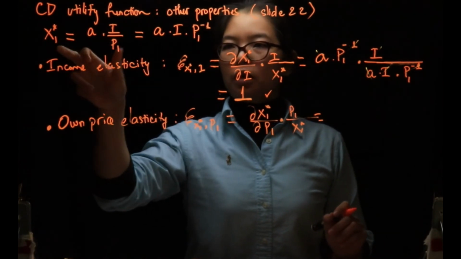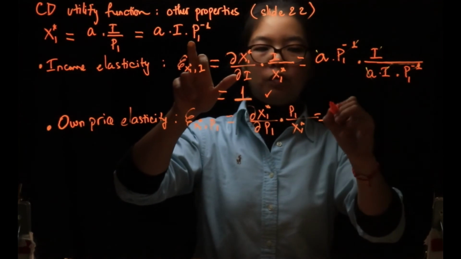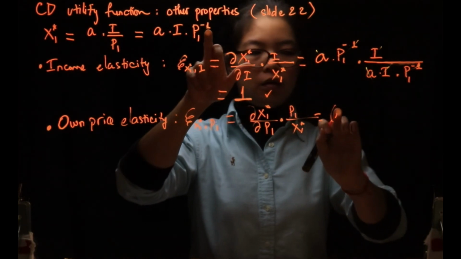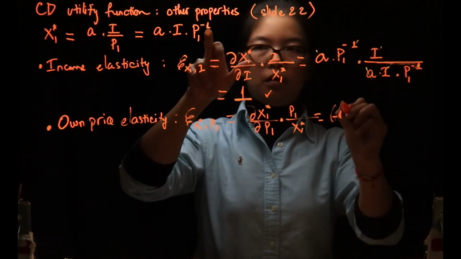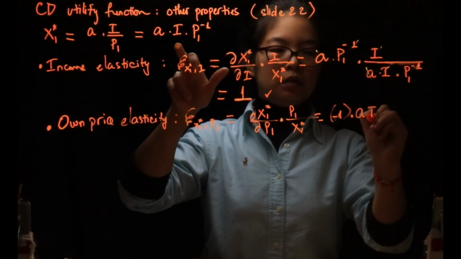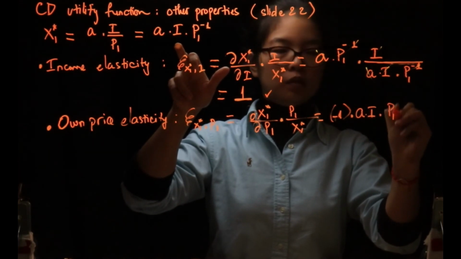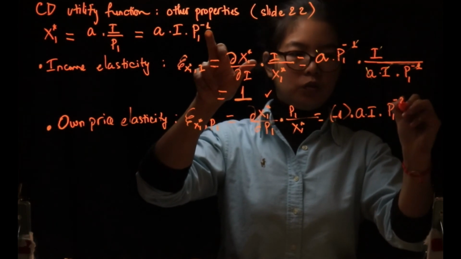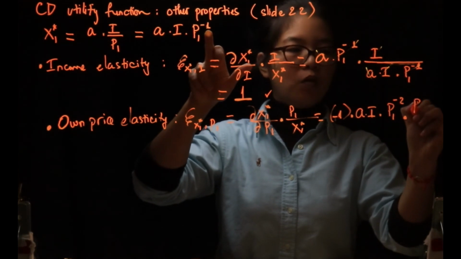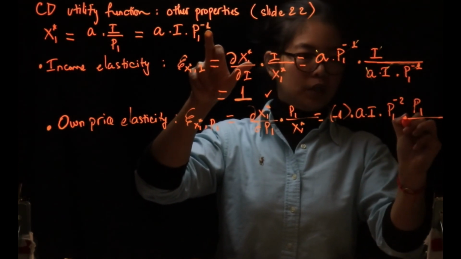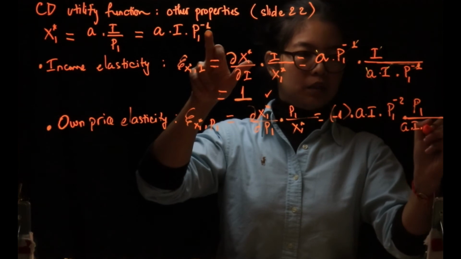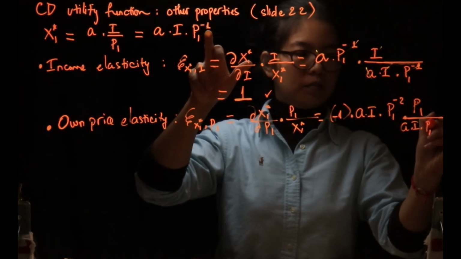Now the derivative of X1 star with respect to P1 will be, because the exponent is minus 1, goes first, times A and I constant, times P1 to the power of minus 2, right? And then times P1, rewrite it again here, over A times I times P1 to the power of minus 1.